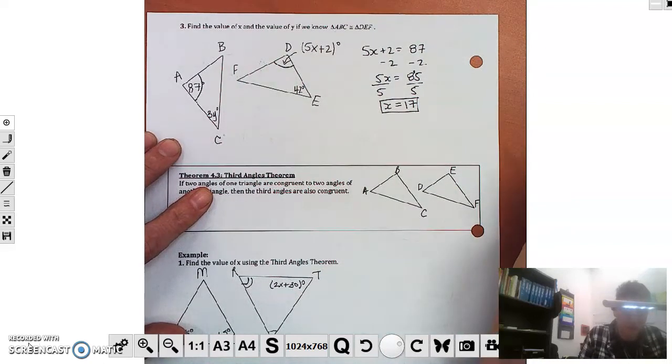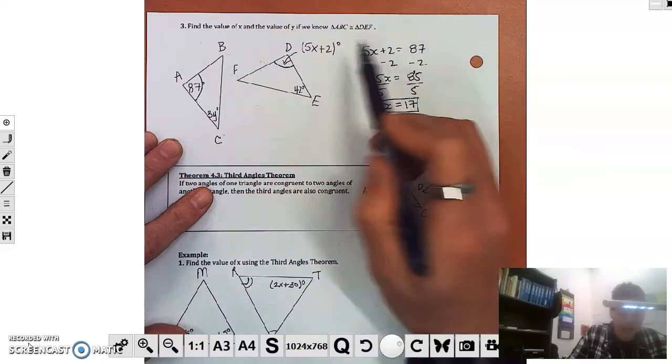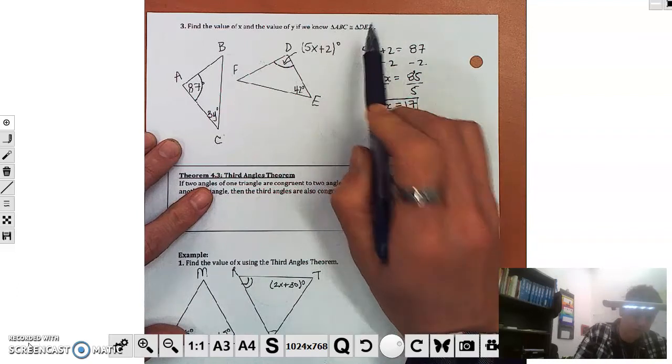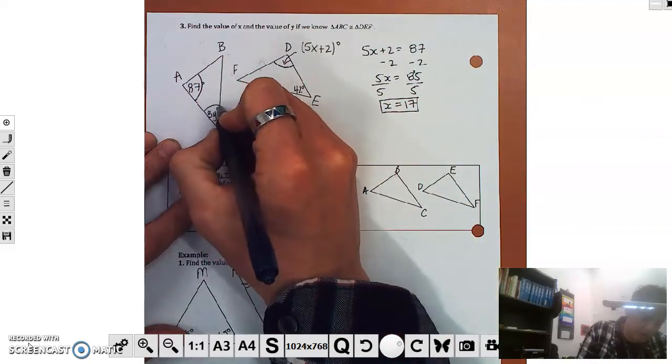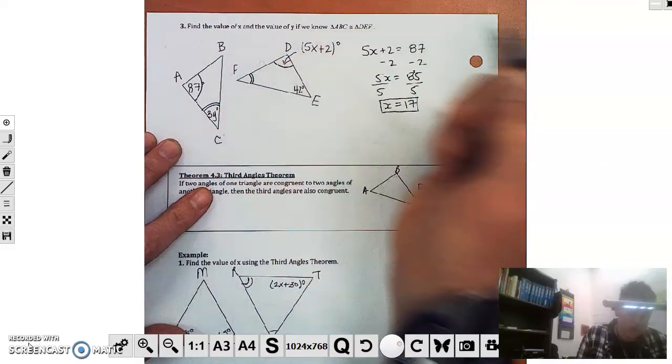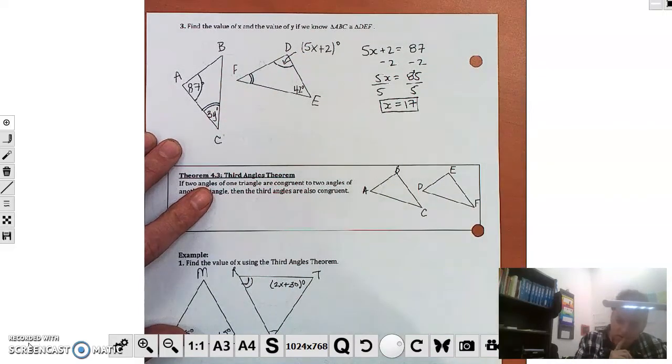Okay, cool. We also know that angle C is congruent to angle F, which we don't know yet.